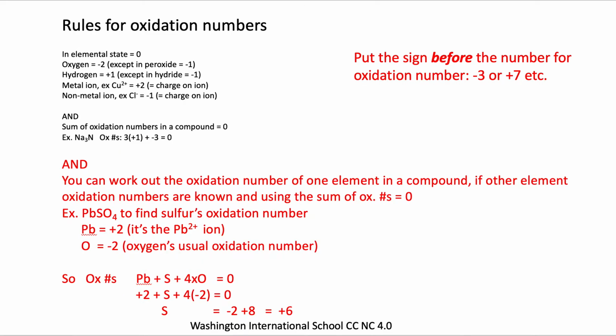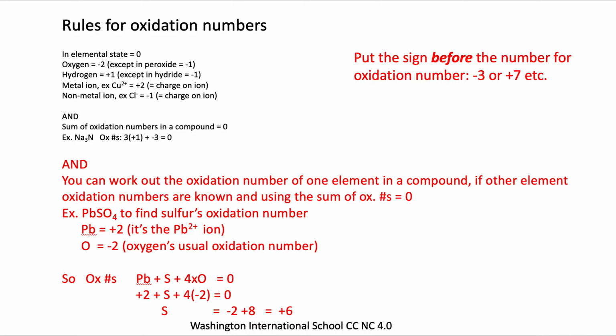And with that knowledge, you can work out oxidation numbers if there's one element in a compound that you do not know. So here we've got lead sulfate. Lead is +2, it's the Pb2+ ion. Oxygen is -2 because that's oxygen's usual oxidation number.